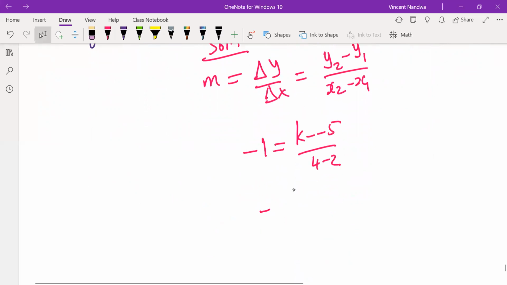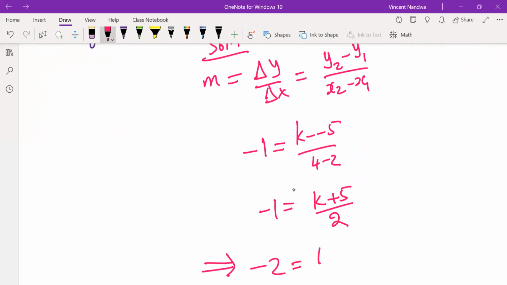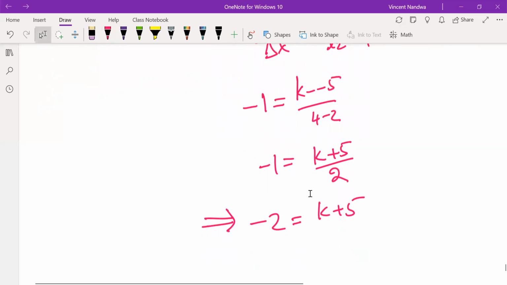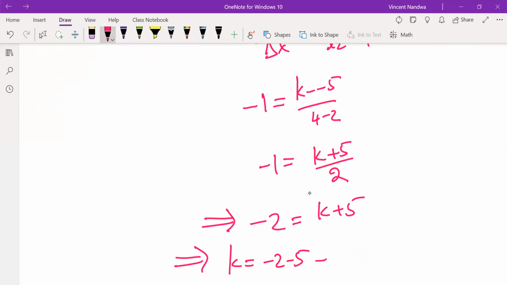So we have -1 equals k plus 5 over 2. Multiplying, we get -2 equals k plus 5. Now collecting like terms, k equals -2 minus 5, which is -7. So that's how we determine the slope of a line segment joining 2 points and how we apply the formula to solve for unknowns.